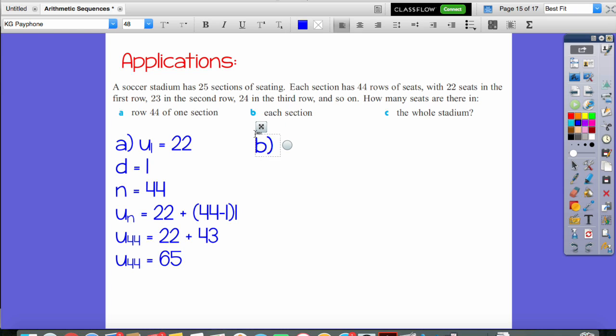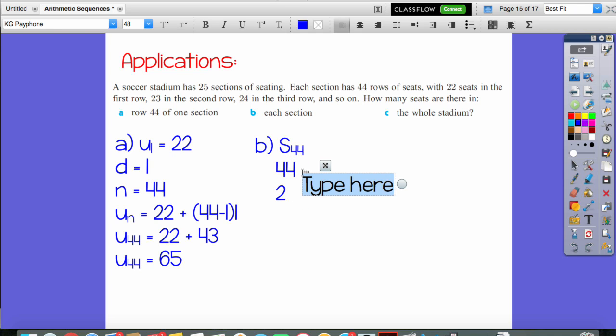Now let's look at B. Now we're trying to figure out how many seats are in each section. Okay, so this is actually asking for what's the sum of all 44 rows. That's what it's asking you to find. Okay, because each section has 44 rows in it, so you're trying to find the sum in each section, or the number of seats in each section. So n is 44. We're going to divide that by 2.